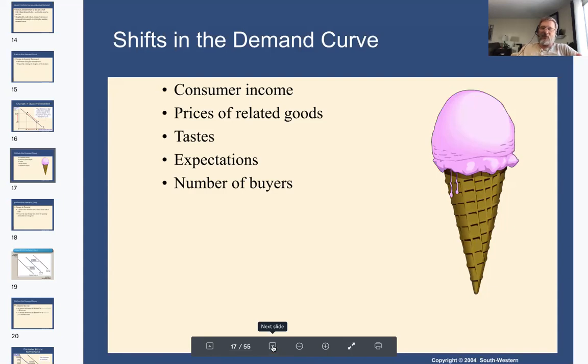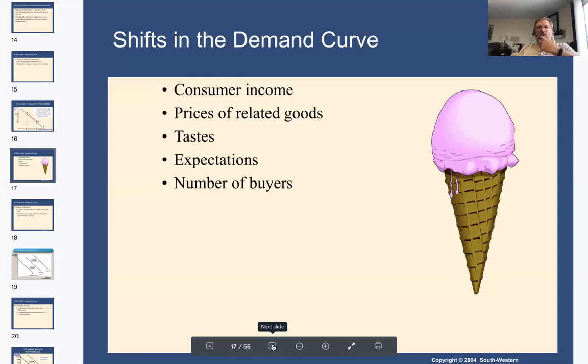Luckily, it was way before Instagram, so there's no electronic evidence of this. But why would I buy parachute pants? Well, everybody was buying parachute pants. They were cool, right? And then they suddenly got not cool. So anyway, tastes for goods change, and that affects the demand for the goods.